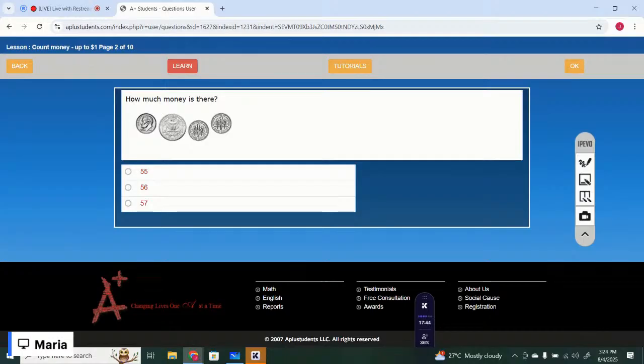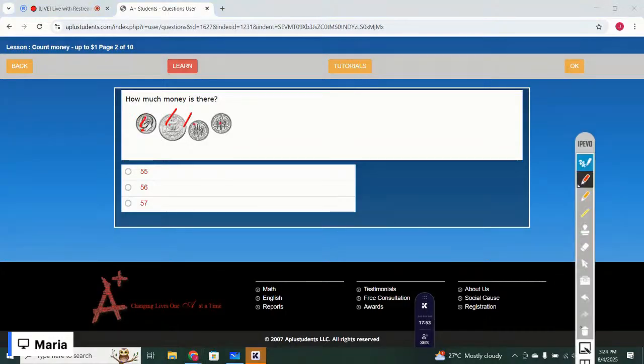How much money is there? So we have a quarter that is 25 cents, and I think they all are dimes. So 25, 35, 45, and 55.